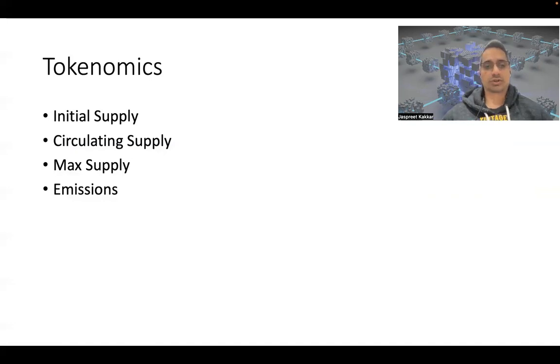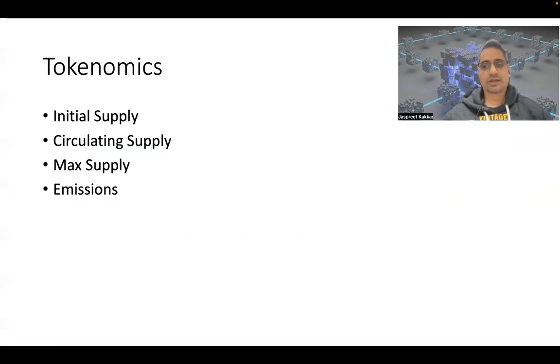Initially when a token or a coin is launched, some of it may be pre-mined, which means that the supply is instantly available at the time of the launch, and then that supply becomes the circulating supply, and over time the circulating supply increases because of the emissions. So emissions are basically how many new coins are getting generated in a period of time.